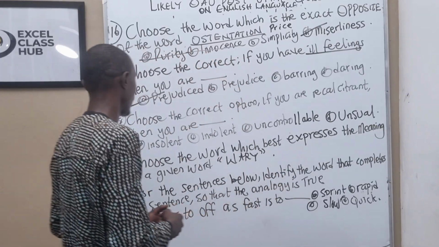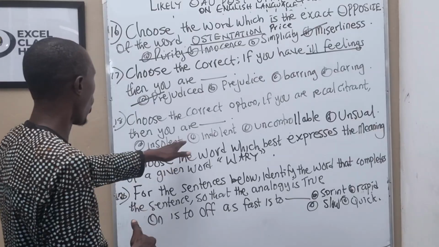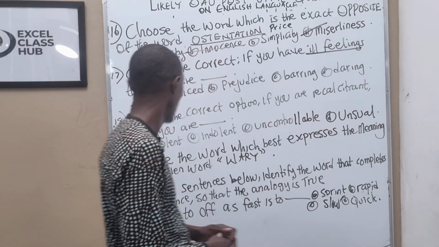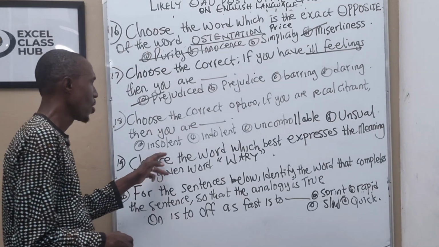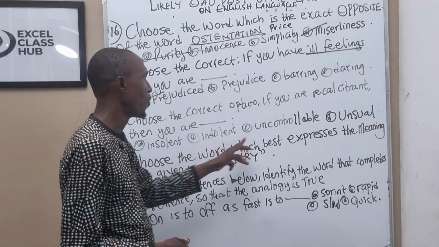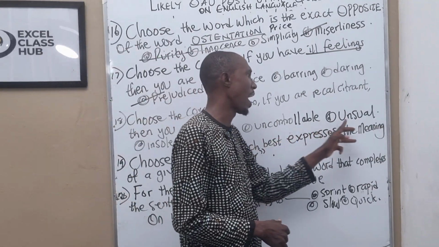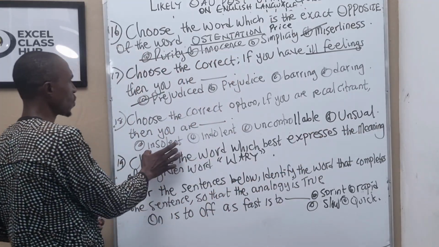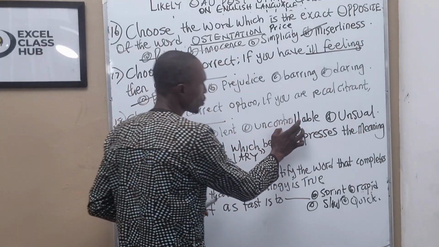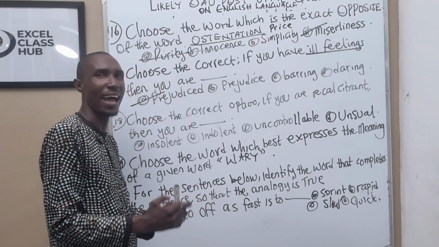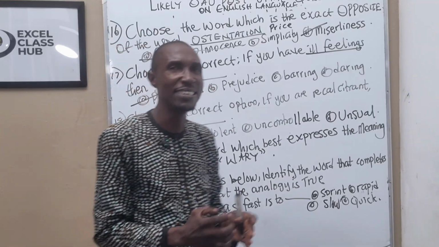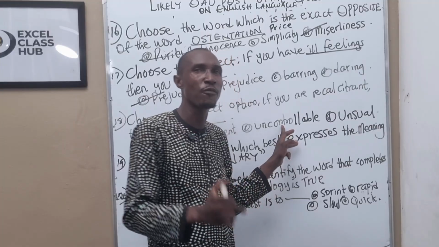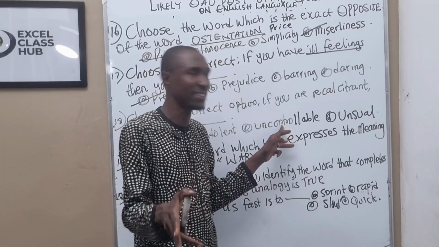So we are asked to pick the option that is related to the underlined word. We have insolent, we have indolent, we have uncontrollable, and we have what? Unusual. Yes, the word insolent and the word uncontrollable may look alike, but they are not the same. Uncontrollable here means it does not have control over certain things.